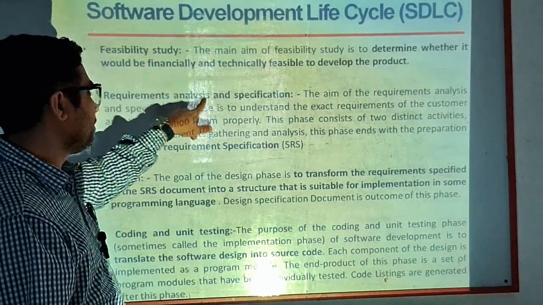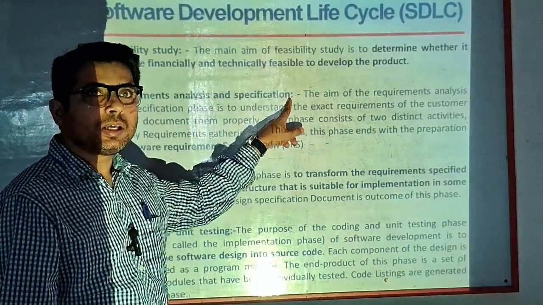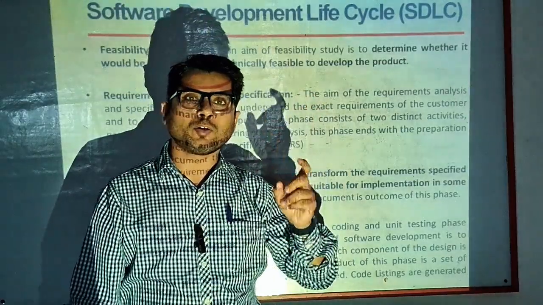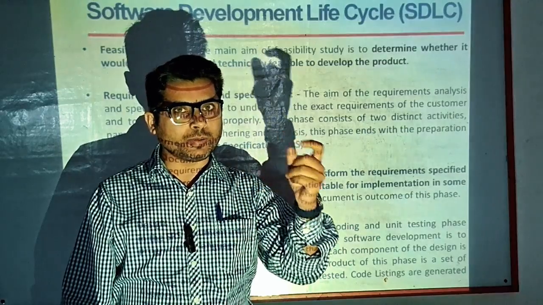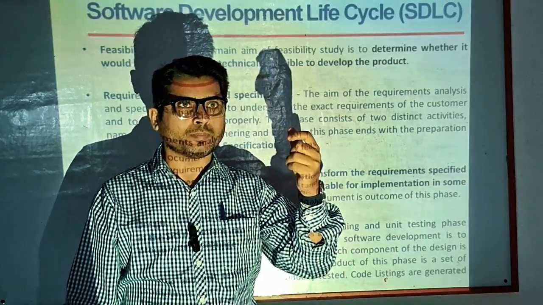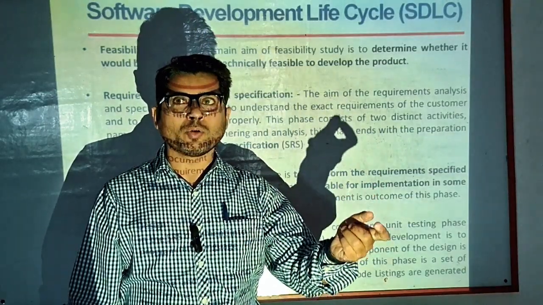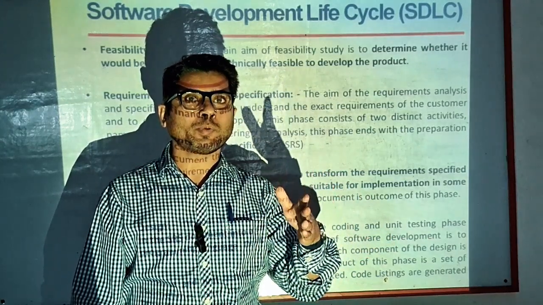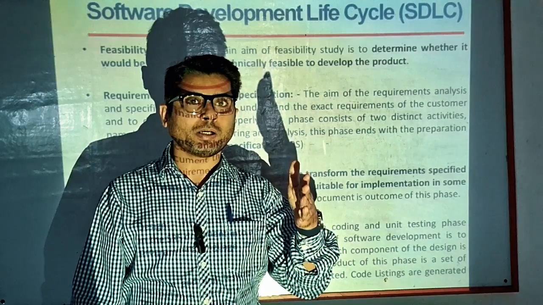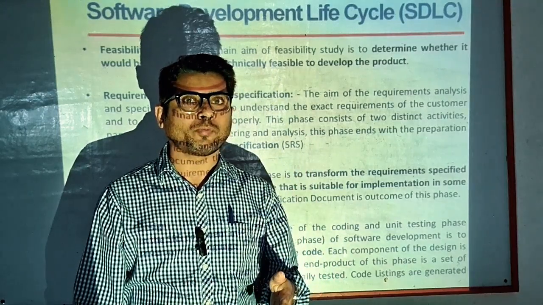Requirement analysis and specification. So what is this? It will specify or mention or note down all the requirements that are being given by the buyer, or who is ordering to develop the software. Whatever they need in the software, they should have given a thorough requirement of the software.